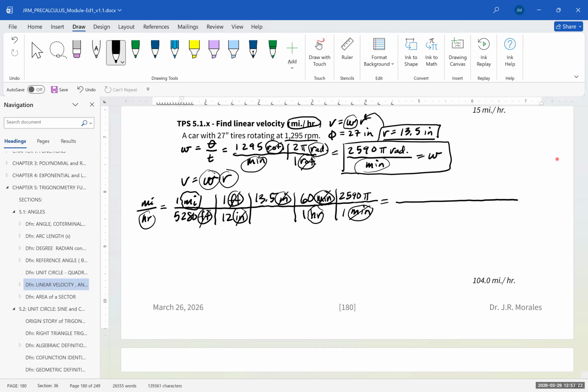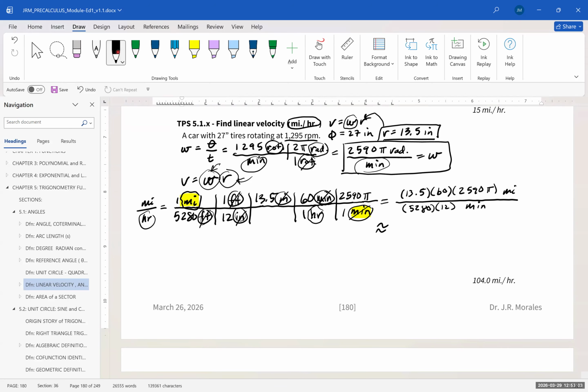So, the fact that we've put in our value for angular velocity and radius, and we've put it in such a way that all the units cancel except for the units we are looking for, we just have to now complete the multiplication and division and we're done. So we've got 13.5 times 60 times 2,590 pi, and that's going to be miles, and that's over 5,280 times 12.